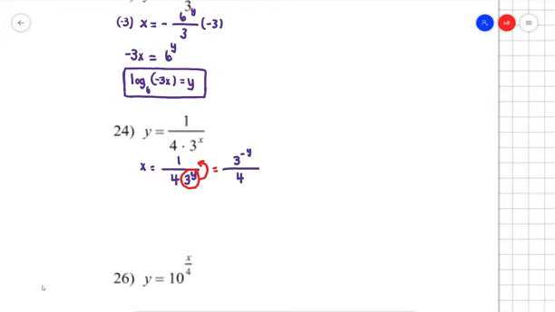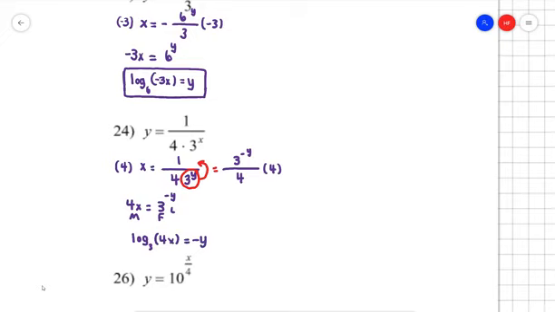Now I don't want that 4 on the bottom there, so I'm going to multiply both sides by 4. So I get 4x is equal to 3 to the negative y power. And then I'm going to convert. This is my first, my last, and my middle. So we get log base 3 of 4x is equal to negative y.